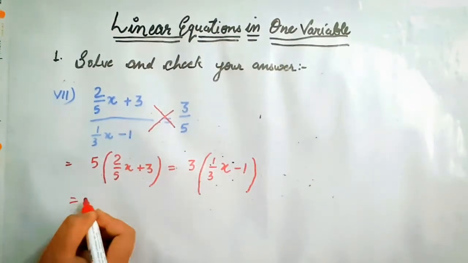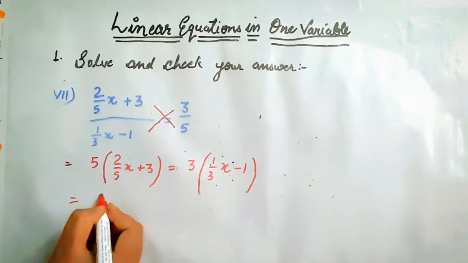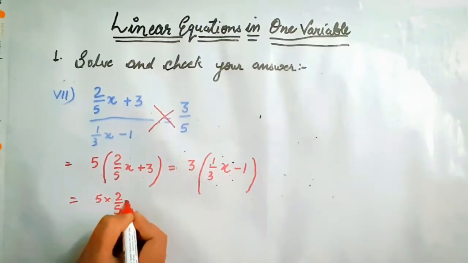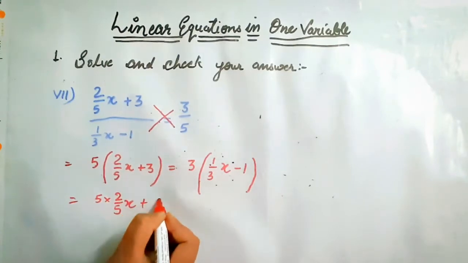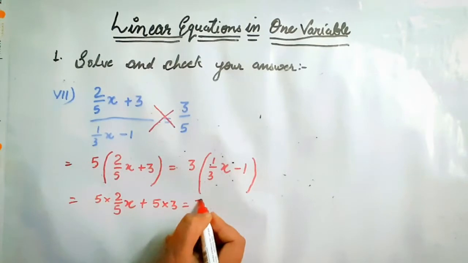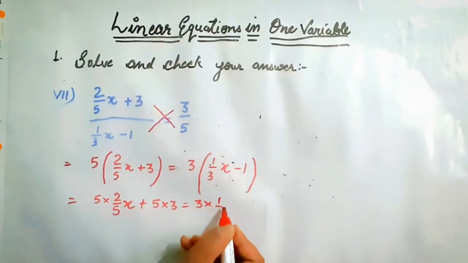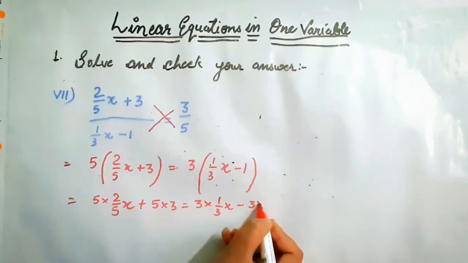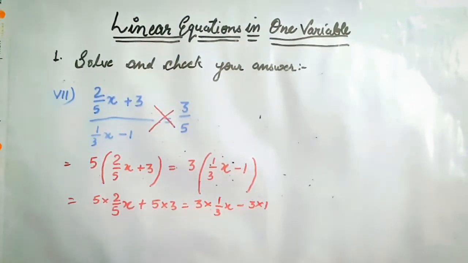Multiply inside: 5 into 2 upon 5x plus 5 into 3 equals 3 multiplied by 1 upon 3x minus 3 multiplied by 1.